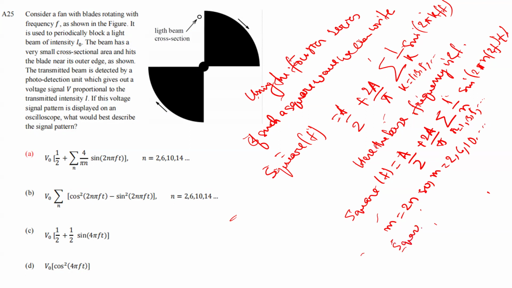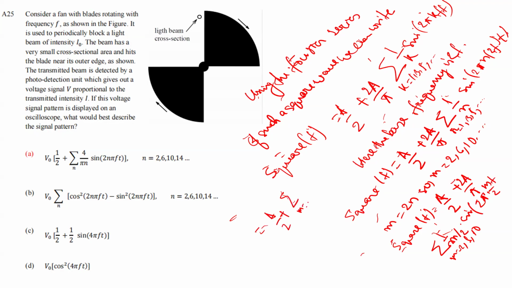Then the square wave we can write as A by 2 plus 2A by pi, summation over m equal to 2, 6, 10, of 1 by (m by 2) sine 2 pi (m by 2) times 2f t, or better we can write A by 2 plus the sum over m equal to 2, 6, 10 of 4A by pi m into sine 2 pi m f t.